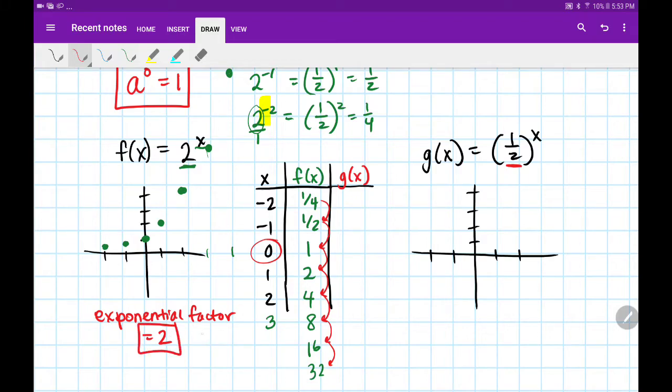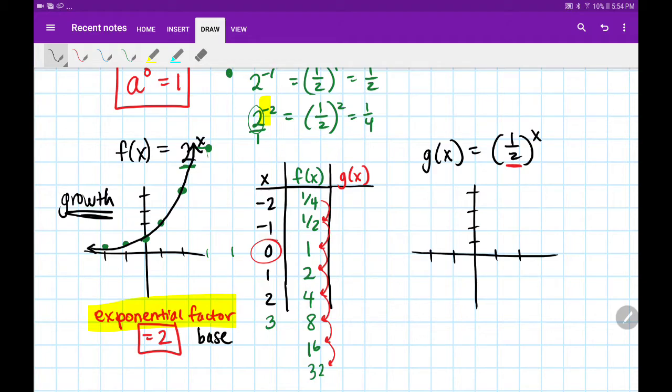And that's really just the base. Okay, so when you see the word exponential factor, that just means the base. Okay, so let's connect these dots and we'll see that we have a rapid growth here. This is called an exponential growth function. And it always has that basic shape.